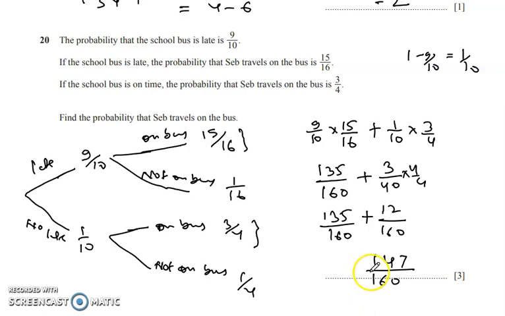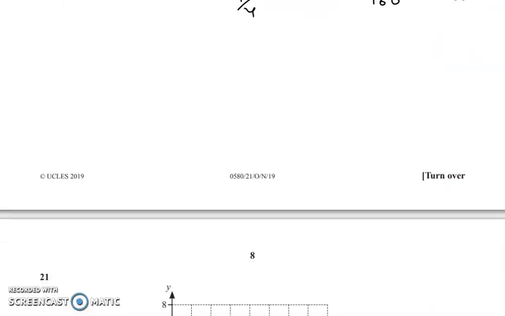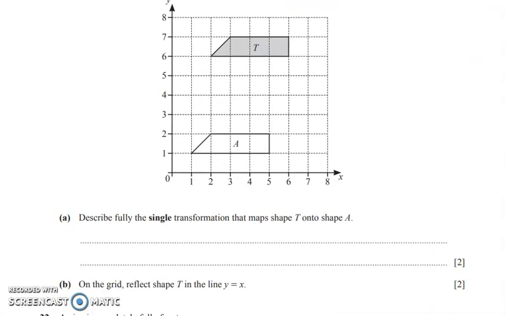Okay, now moving to the next one. Next question. Now describe the full single transformation that maps T onto shape A. So if you see, we are going down.